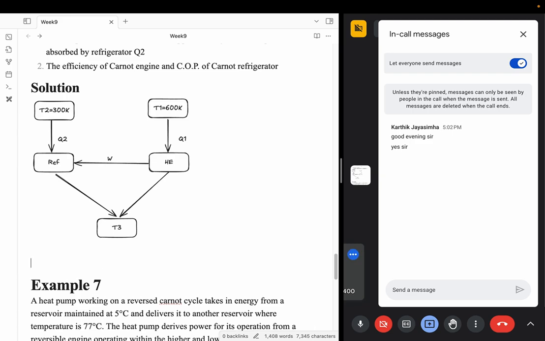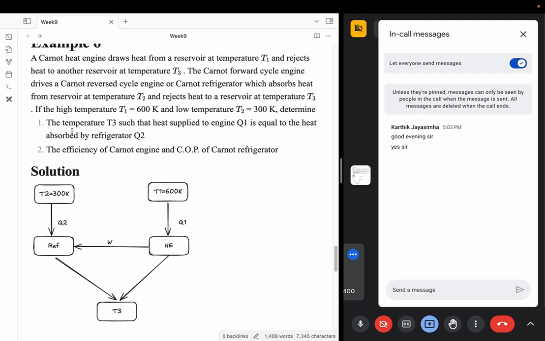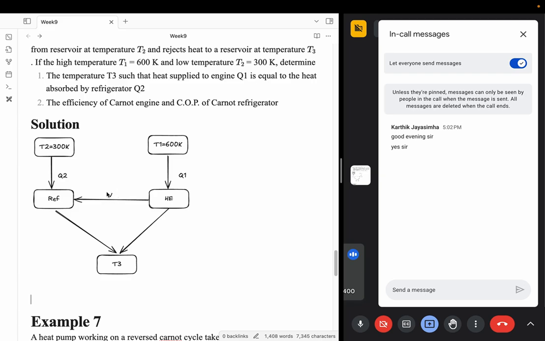So how do I calculate Q1 and Q2? Basically, I need to relate them in such a way that Q1 is equal to Q2. Then what is the temperature T3? Which temperature T3 will cause Q1 to be equal to Q2? So that whatever work is generated is used for the refrigerator.